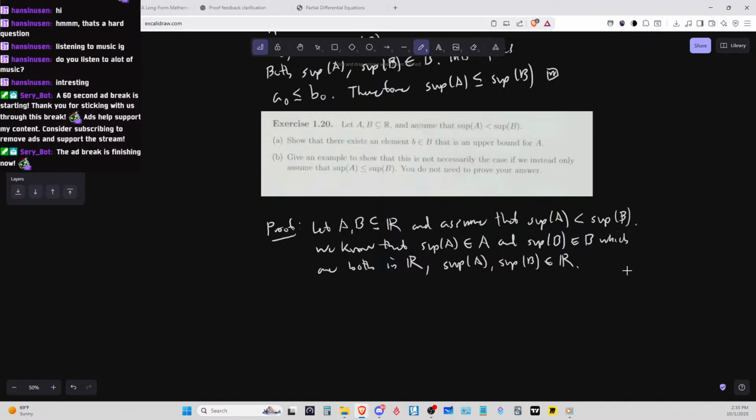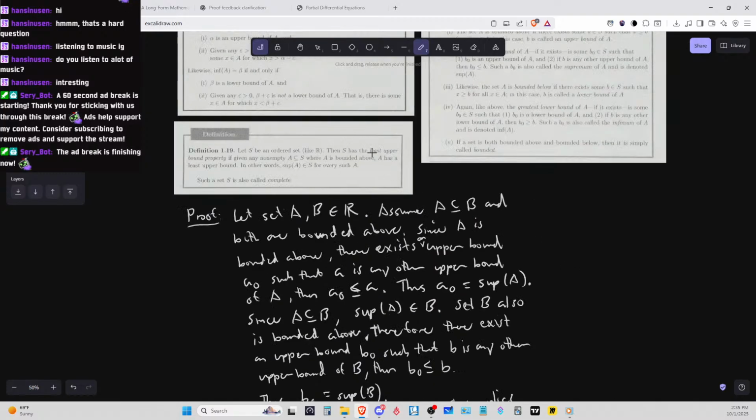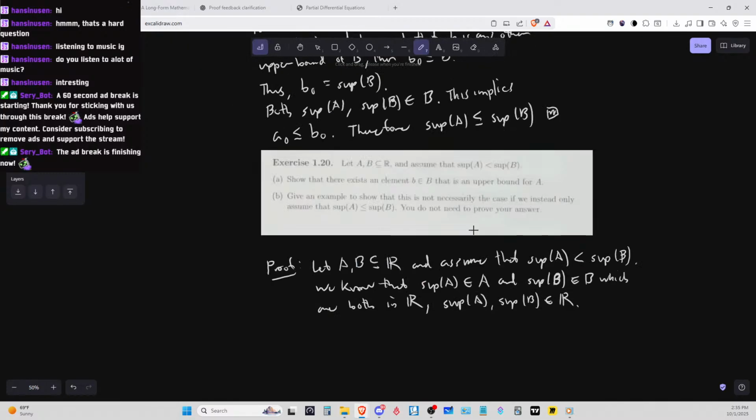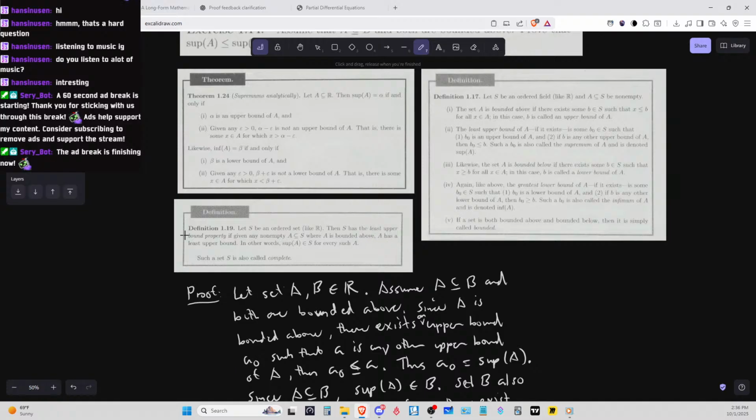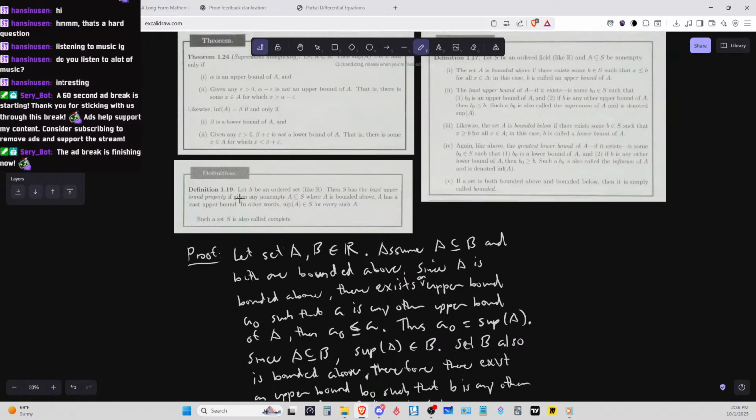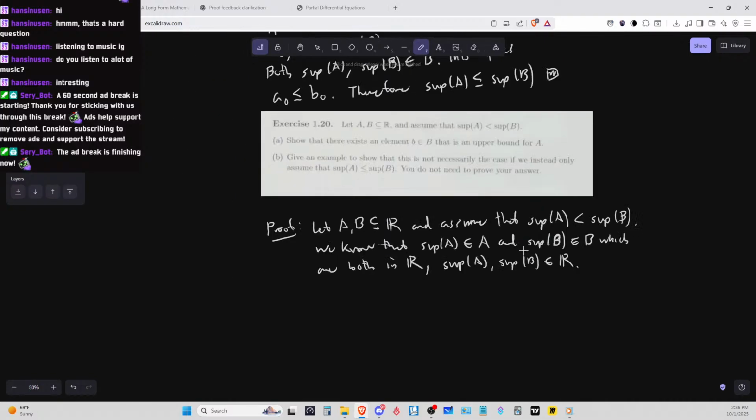I know it's not just an ordering thing. I feel like it's in the definition here: because we have supremums and they're part of R, R will have the least upper bound property. And these two are bounded above because they have supremums.